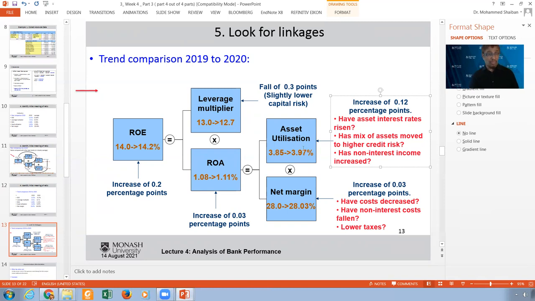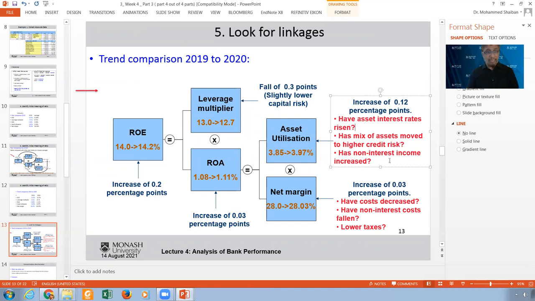This is what makes our interest income higher. Or maybe the mix of the assets moves to higher credit risk, which means we started to move to more risky loans that give more return, or maybe we are going into some risky derivative operations, speculations, whatever, that is increasing our income.